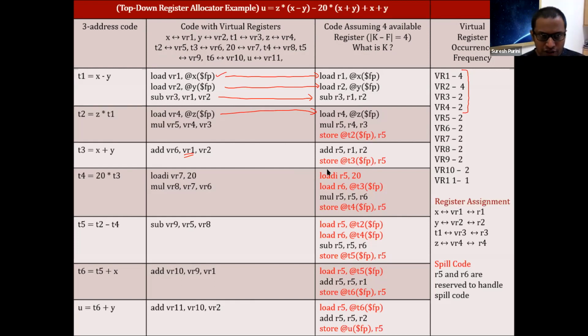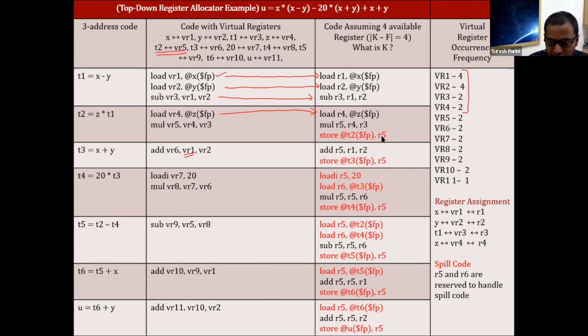And here is an interesting case. Virtual register VR5 is associated with the variable T2, but VR5 is not allocated any physical register. So we compute the product of R4 and R3 and store it in the scratchpad register R5.